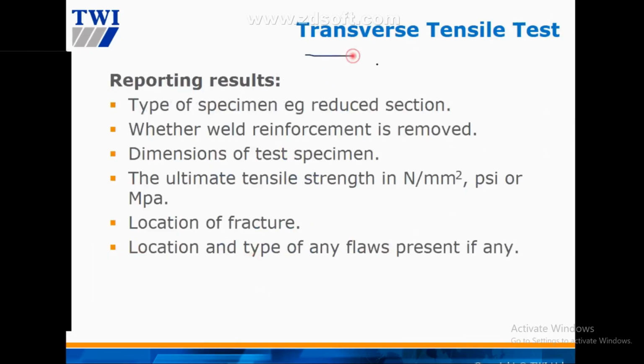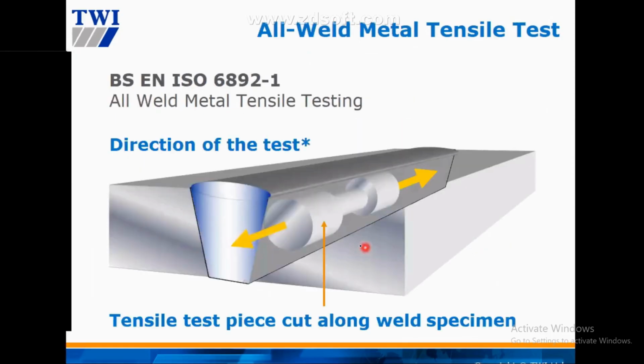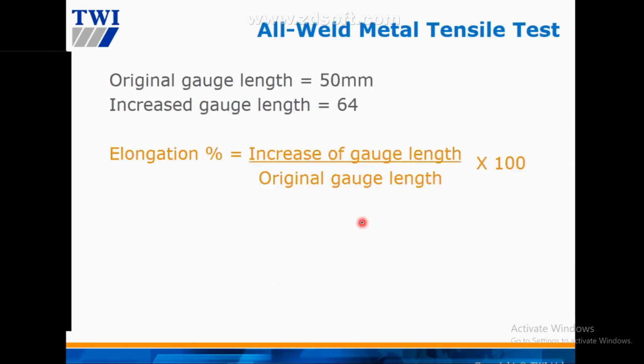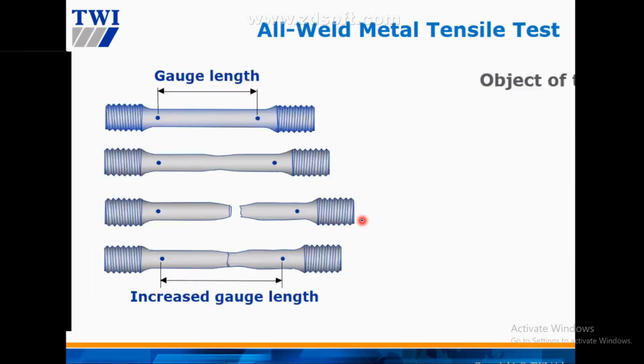Remember, in transverse tensile, the unit used may be Newton, PSI, or megapascal. And they only want UTS only. Remember, in transverse tensile, they only look for UTS only. No other things. Okay? That's what CSWIP asks. All right. All weld metal, remember, the specimen is cut from the weld only. And then I will skip this one, then I will come back later. All right?